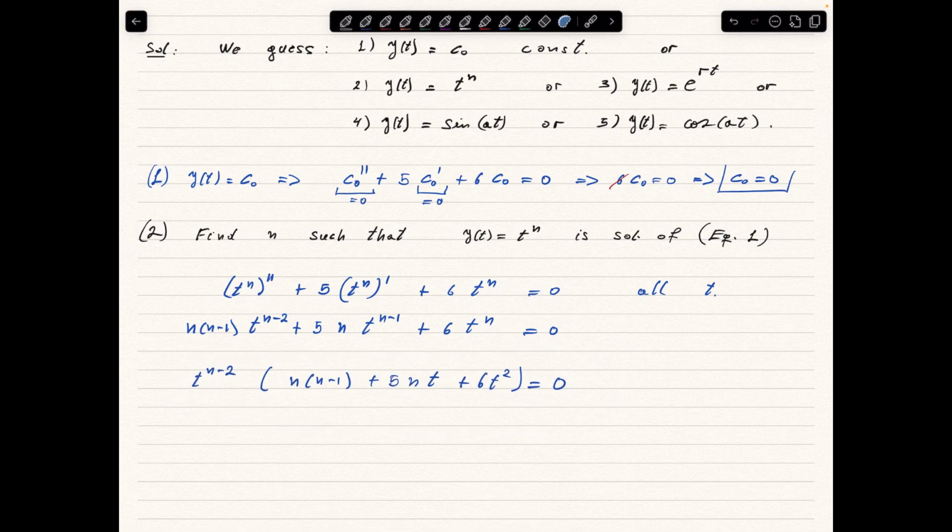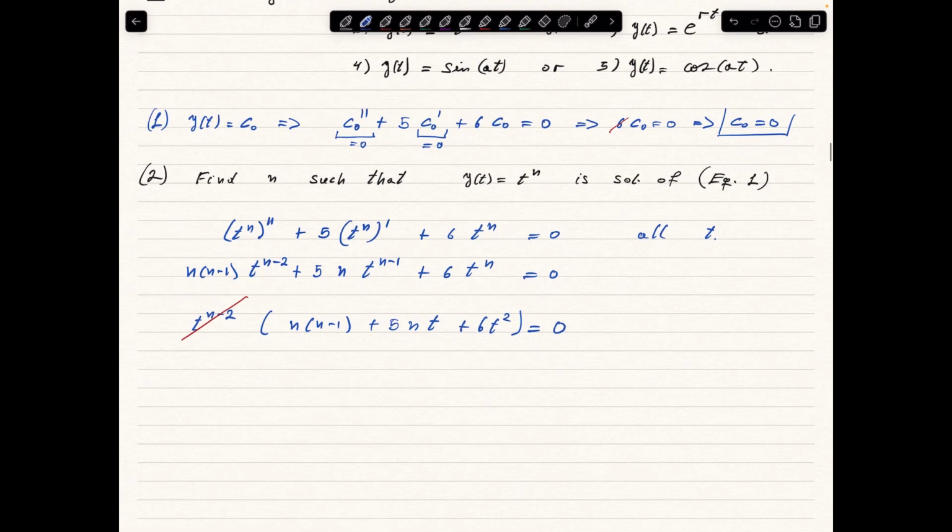All right, then we can simplify that t to the power n minus 2, and we end up with an equation for n. The equation for n is n minus 1 plus 5 n t plus 6 t squared equals 0.